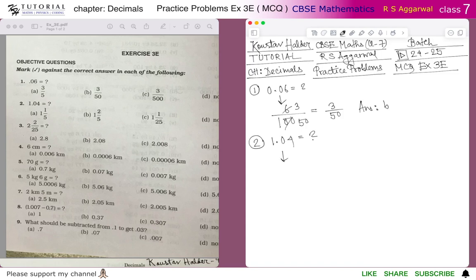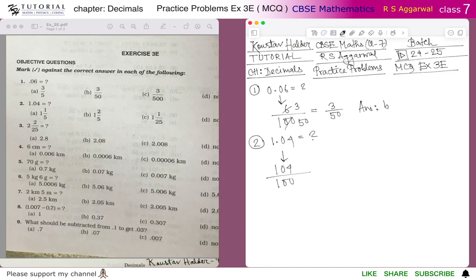So as we did for problem number 1, when we convert this decimal to a fraction, it becomes 104 divided by 100. So the numerator becomes the decimal number omitting the decimal point, and the denominator becomes 1 followed by as many zeros as the number of decimal places of the decimal number, which in this case is 2.